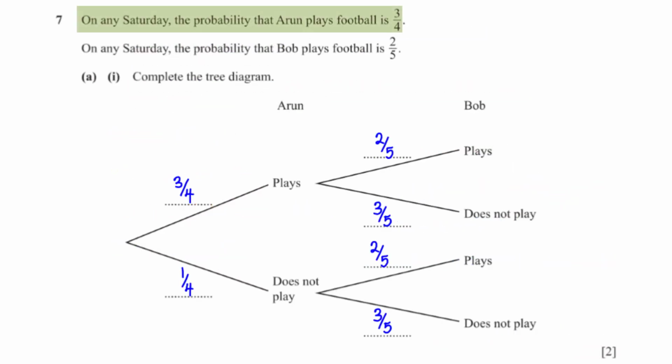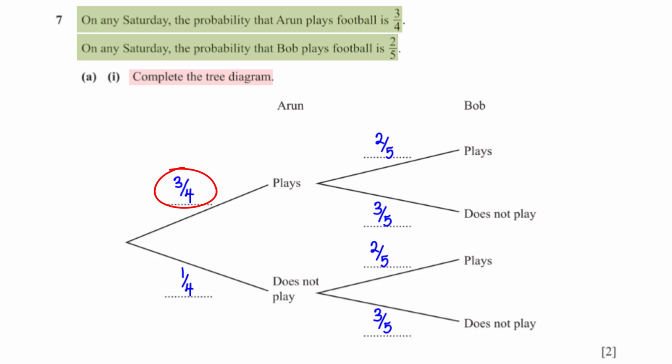On any Saturday, the probability that Aaron plays football is 3/4. On any Saturday, the probability that Bob plays football is 2/5. Complete the tree diagram. We've been given the probability that Aaron plays football as 3/4. The sum of probabilities at any branch must be equal to 1.